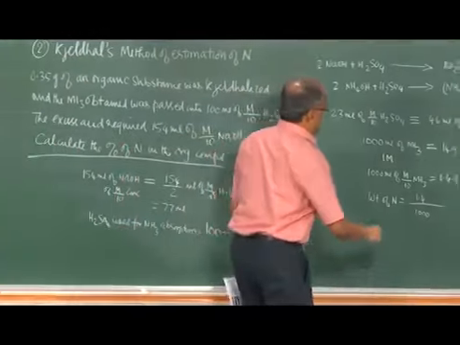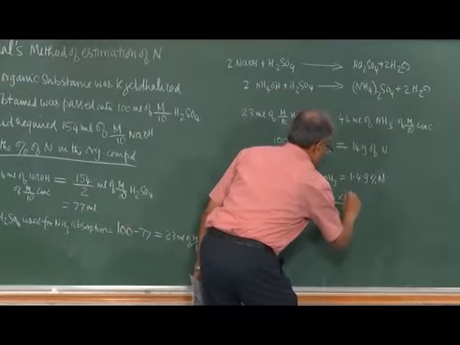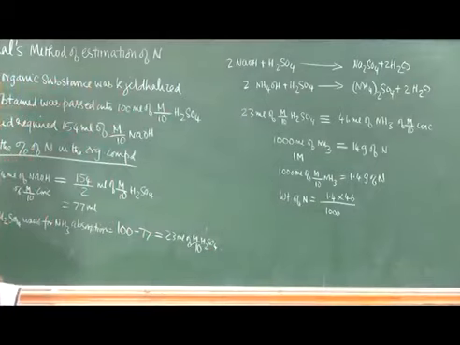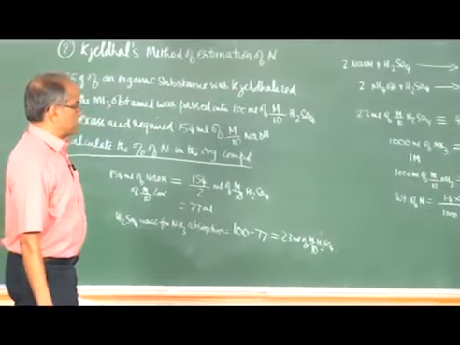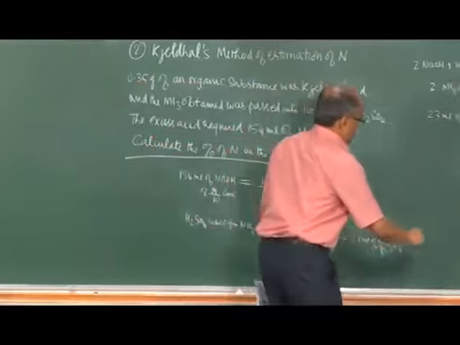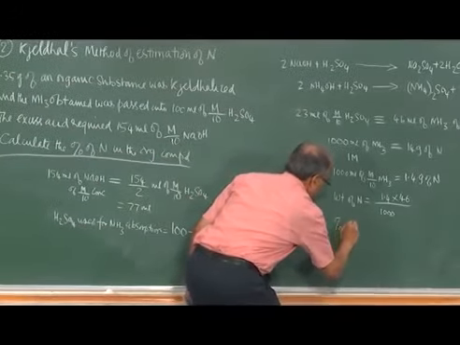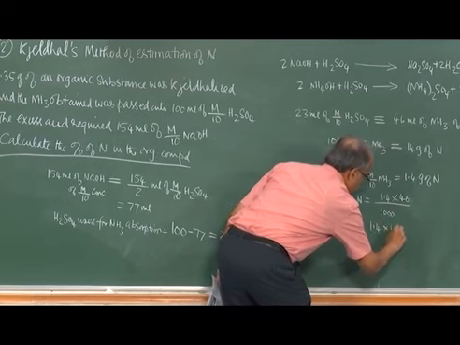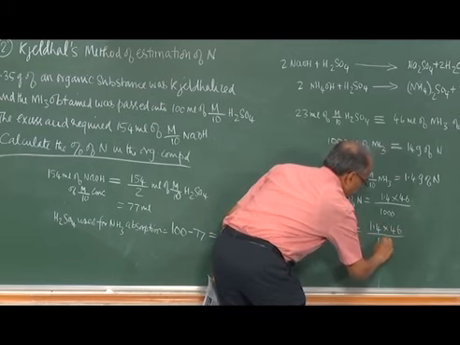So, how much nitrogen will be present in the 46 milliliters of the solution that is used for neutralization purposes? The percentage nitrogen will be equal to 1.4 times 46 divided by 1000.